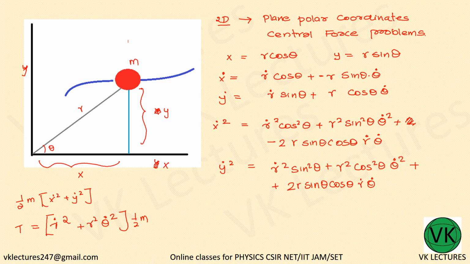Now if you need the potential V, if you assume this particle is in gravity, we have mgy, and what is y? y is equal to r sin theta, so mg r sin theta.